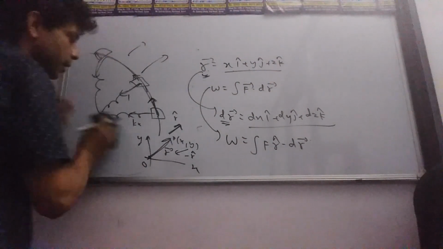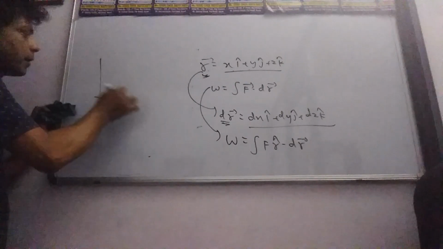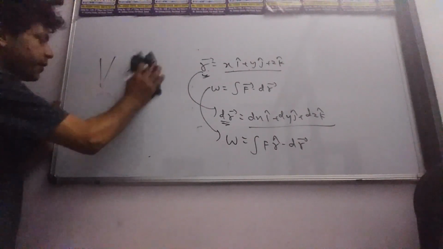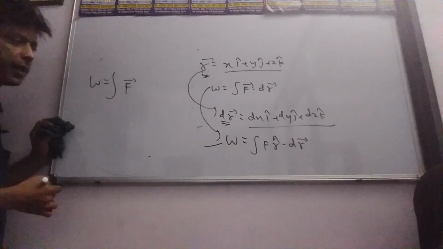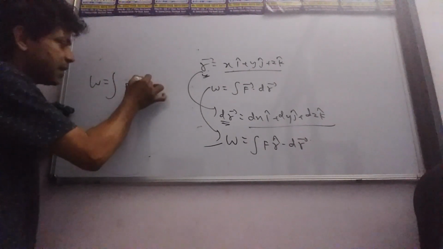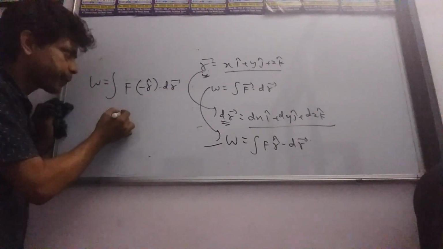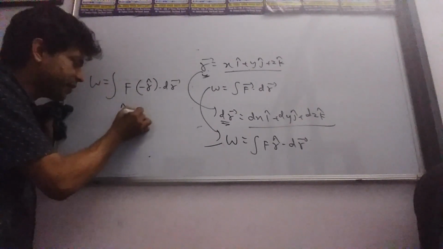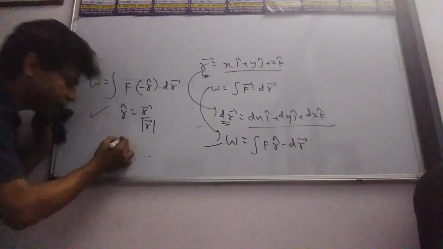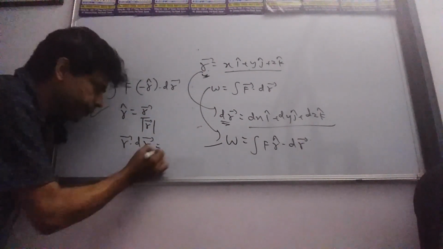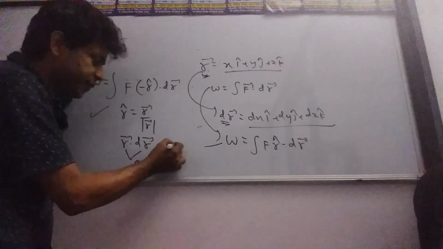Otherwise, if it is acting towards the particular point, always directed towards a particular point, then W is equal to F, minus r cap dot dr. And always keep in mind, r cap is nothing but vector r by mod of r. And what about vector r dot vector dr? The angle between them is 0 degree, cos 0 is 1, so it is nothing but r dr.